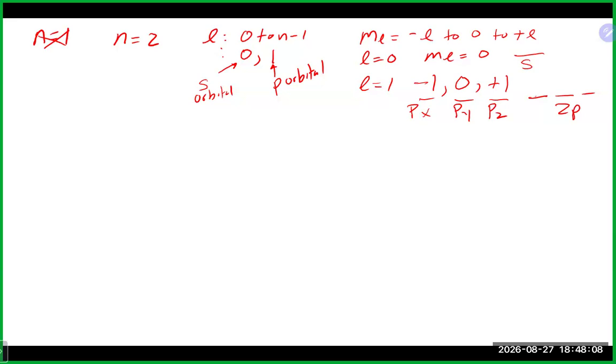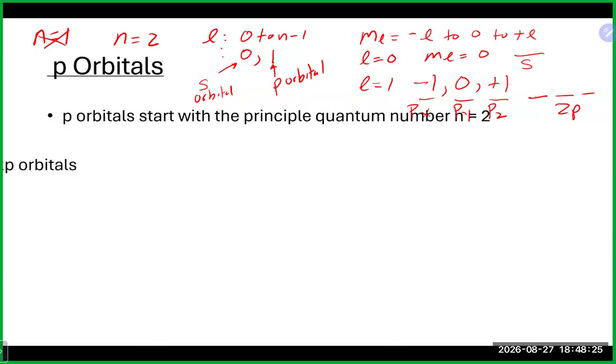And that's why we have 3 p orbitals here. Each of those individual orbitals can hold 2 electrons, for a maximum of 6 electrons if you filled up the 2p subshell, or a p subshell. So the p orbitals, based on quantum numbers, do not begin until the second energy level.